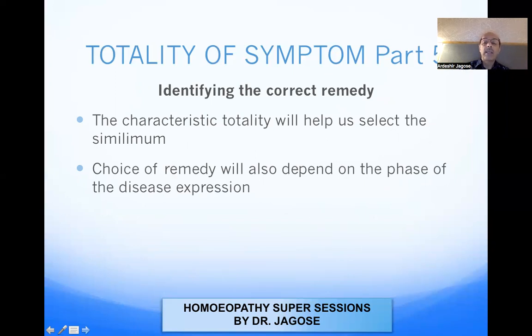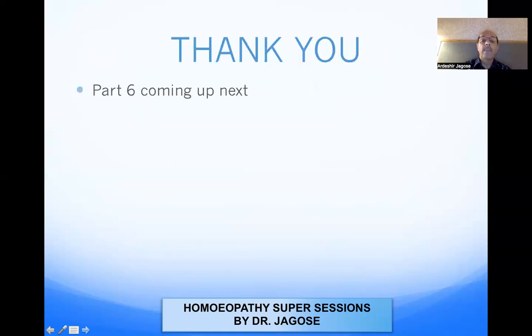So your remedy should be chosen according to the Hahnemannian classification of disease. For example, I've given you in acute disease, acute remedy, in a chronic disease, the constitutional remedy. So totality will also help us to identify the correct remedy, or it will help us to identify the simillimum.